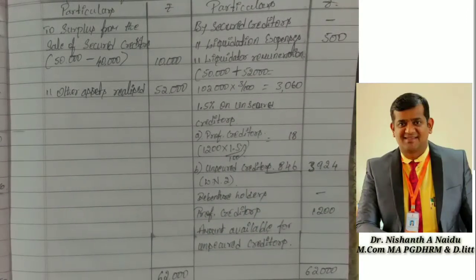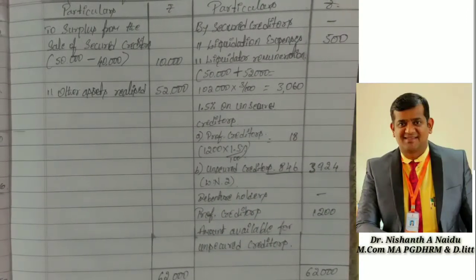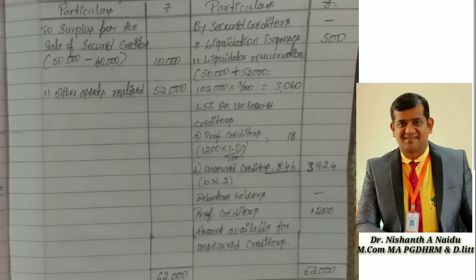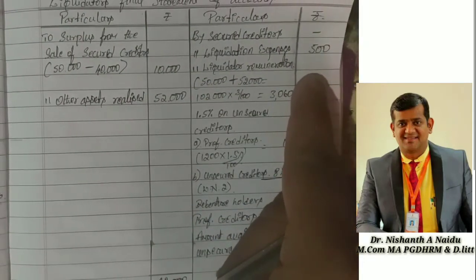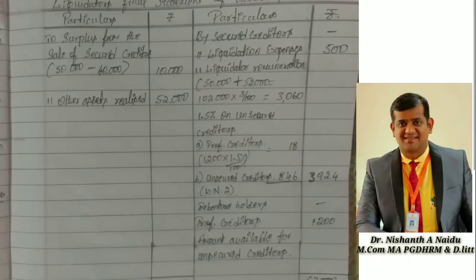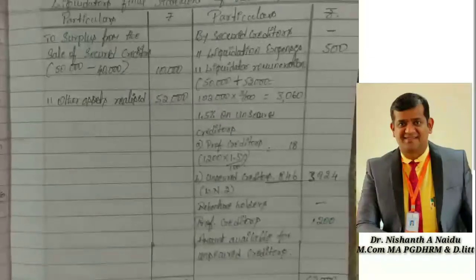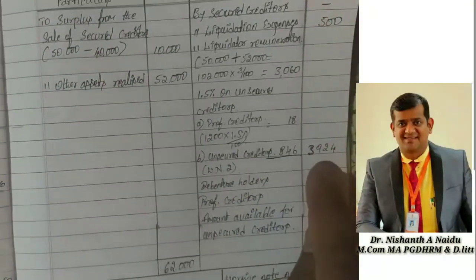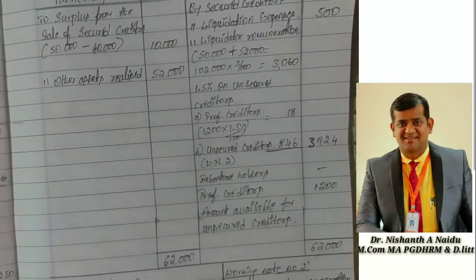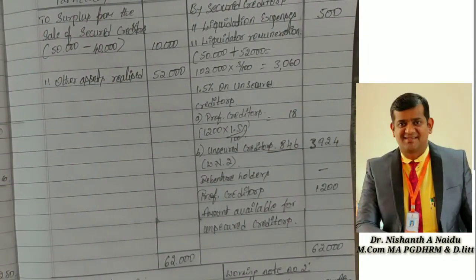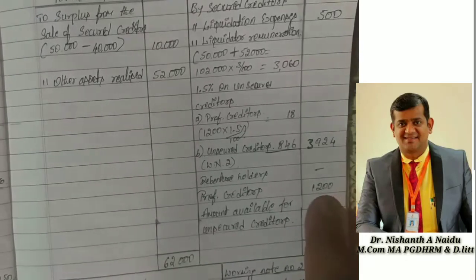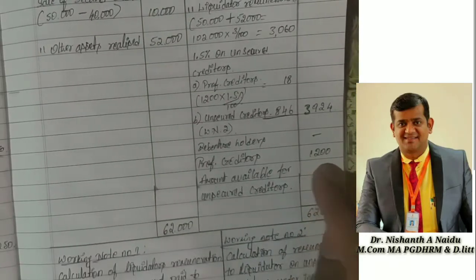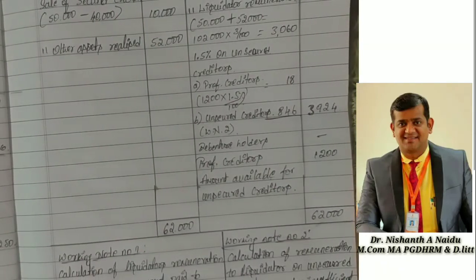So 62,000 minus how much do we have here? 500 rupees. So minus 500, minus 3,924, minus 1200.